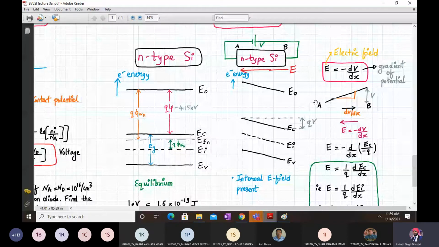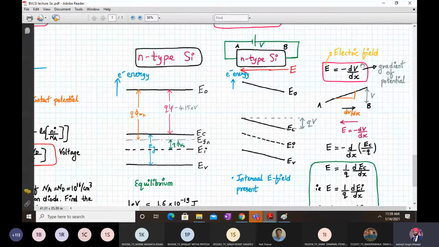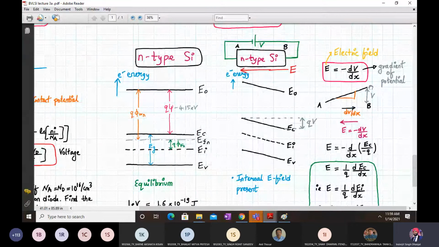Now, what did we learn? Whenever we apply a voltage, we have an electric field, correct? What is the electric field formula? What is electric field given by? Gradient of potential. So it is given by minus dV by dx. It is a function of distance, right? If my potential at B is greater than the potential at A, what will be my dV by dx if I want to check the slope of this? dV by dx is this, from left to right.